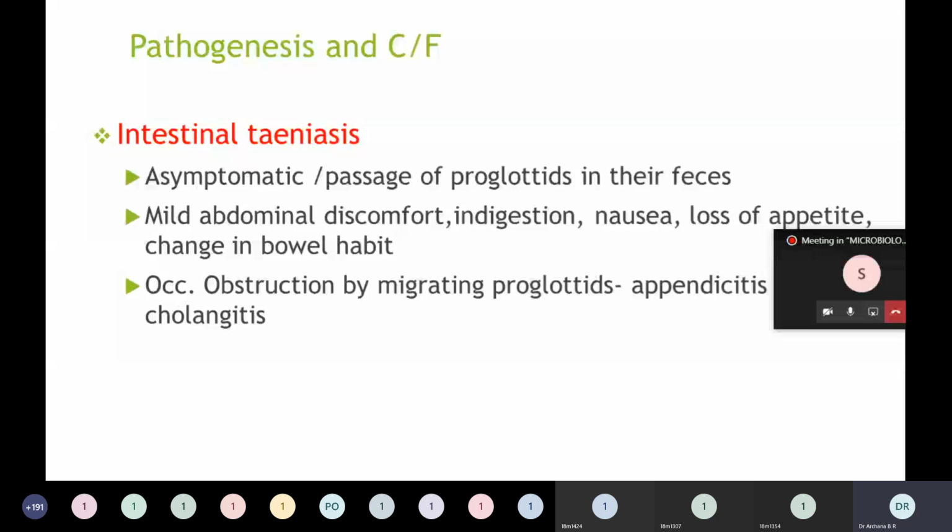It can cause mild abdominal discomfort, indigestion, nausea, loss of appetite and change in bowel habits. There may be diarrhea, and occasionally it causes obstruction by migrating proglottids, and it mimics appendicitis or cholangitis.